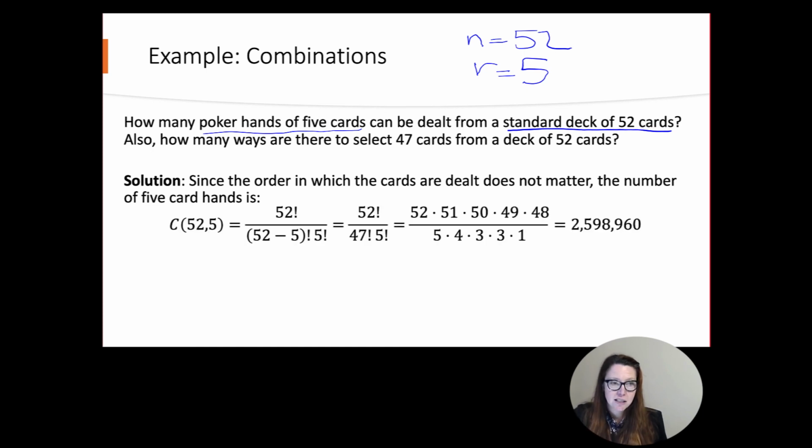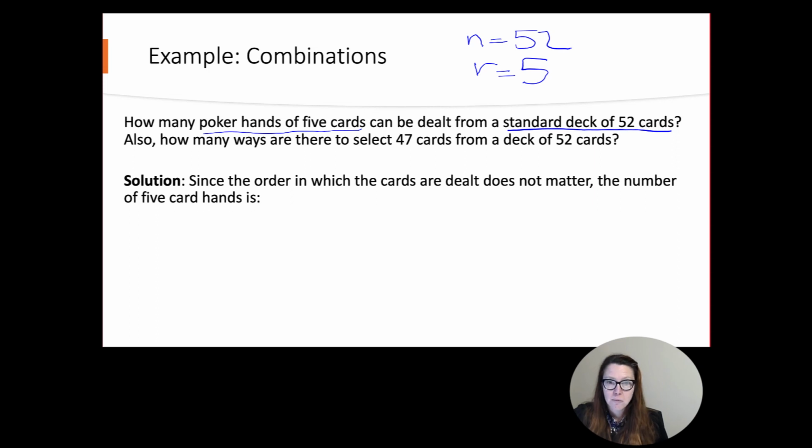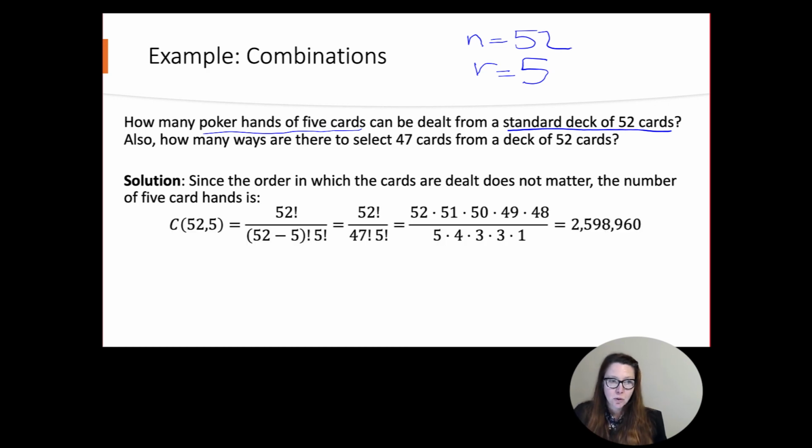And so in this case, what I'm looking for is C(52,5). So N is 52, R is 5. And so what we end up with is that we apply the formula from the previous page. This is N factorial over (N minus R) factorial times R factorial. And this becomes 52 factorial over 47 factorial times 5 factorial.